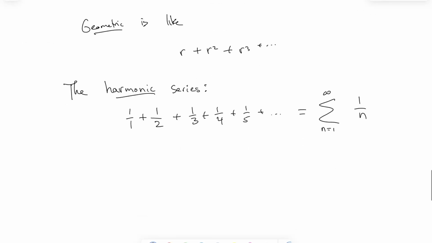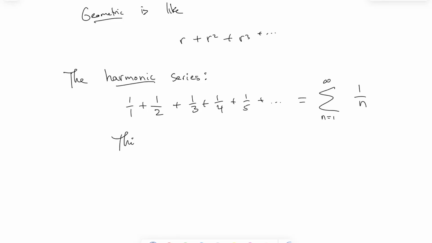This one actually diverges, and this is an important thing to know. The harmonic series diverges. This is a little surprising, I will say. This diverges, parenthetically, even though the terms themselves become very small.